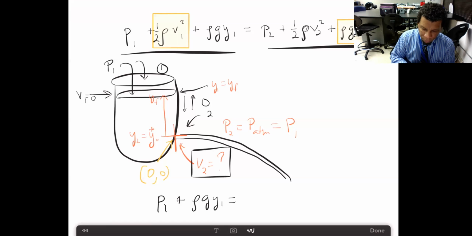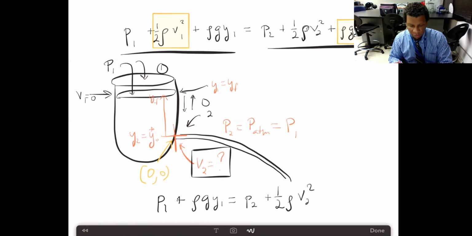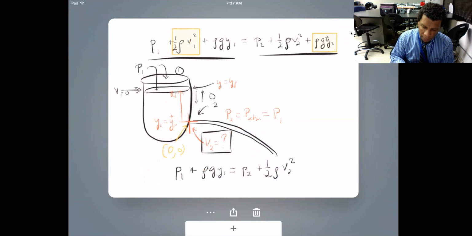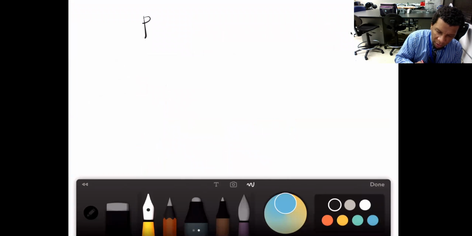Equals P2 plus 1/2 rho times V sub 2. So again, we're looking for V sub 2. So let's just go ahead and write this on another page. So remember, we have P1 plus 1/2 rho.